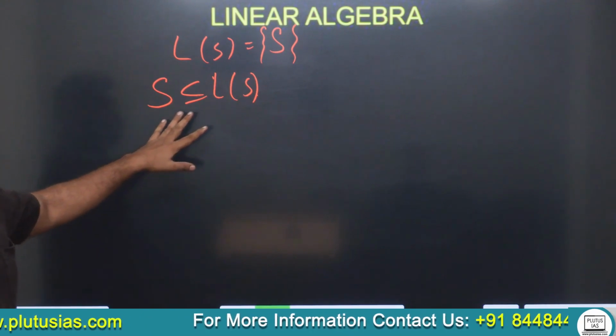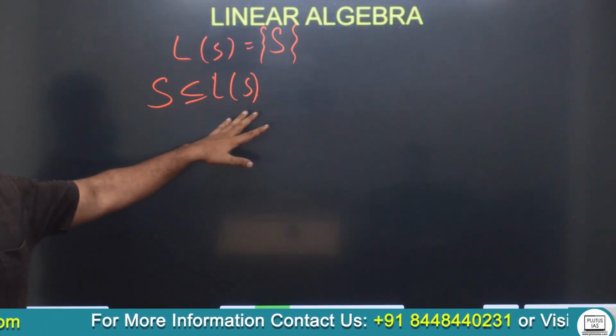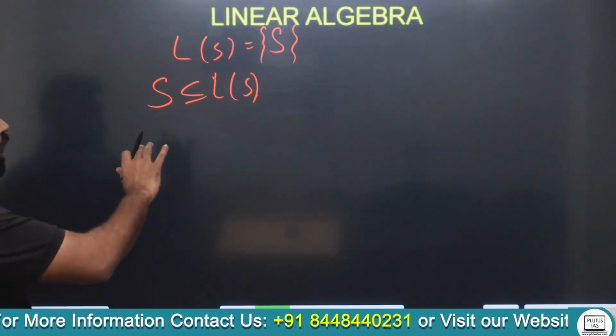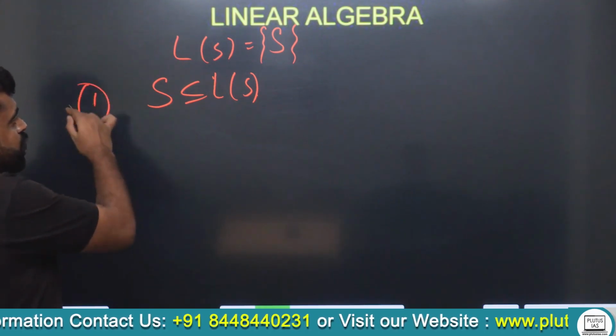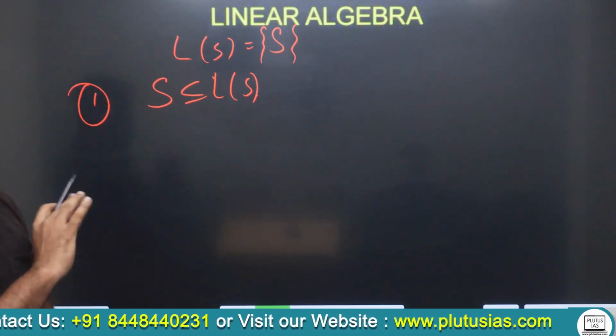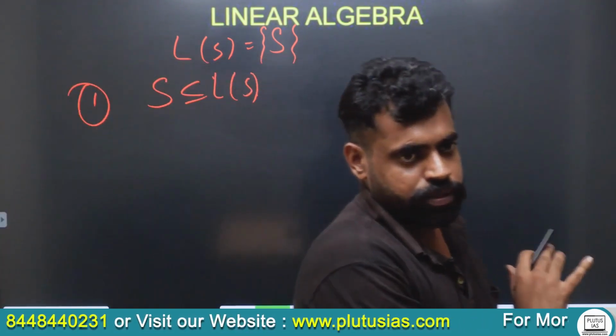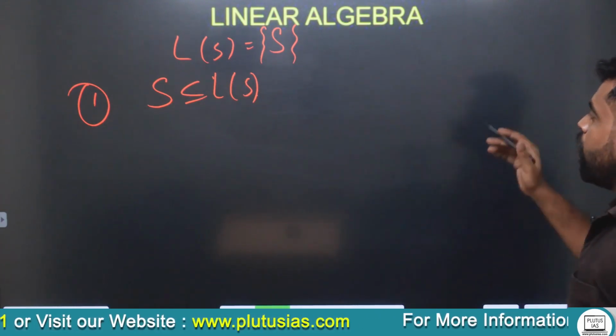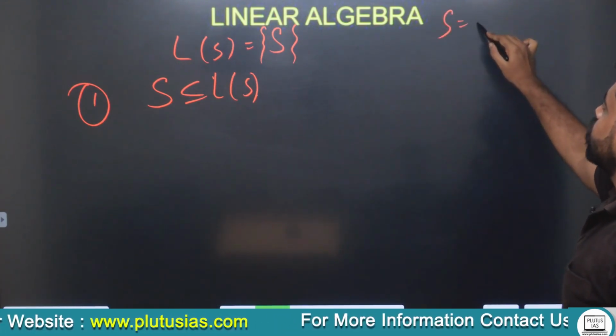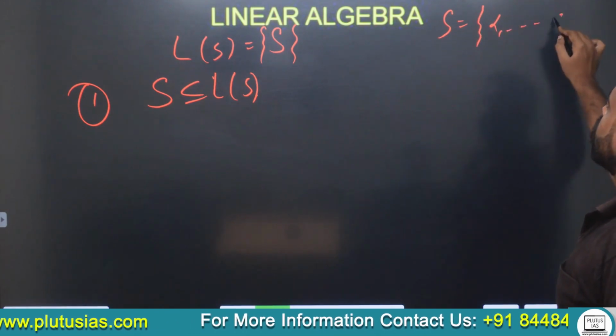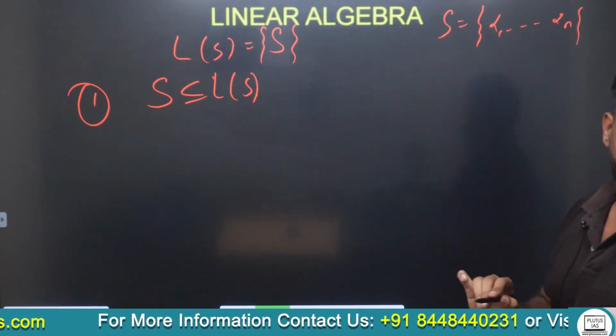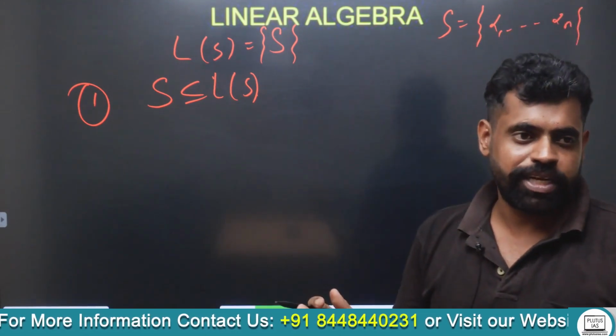See, I say that S belongs to L(S). We have to first show this. Can you show this? It is clearly easy. Suppose S is alpha 1, dot dot dot, alpha n, and L(S) is the linear combination.